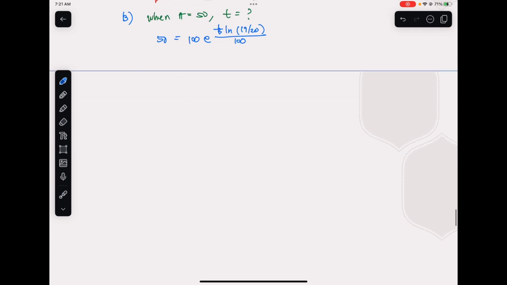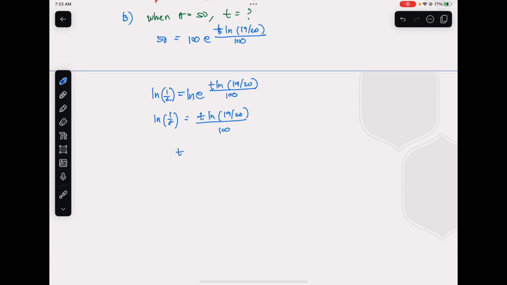Dividing both sides by 100, 50 over 100 is 1/2, which equals e raised to t ln(19/20) divided by 100. We take ln of both sides, giving us ln(1/2) equals t ln(19/20) divided by 100. So t then is 100 ln(1/2) all over ln(19/20).